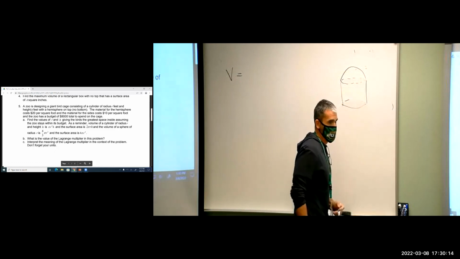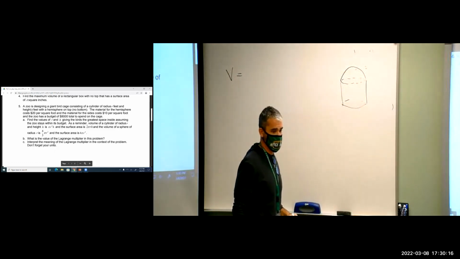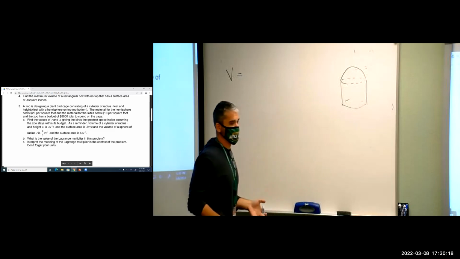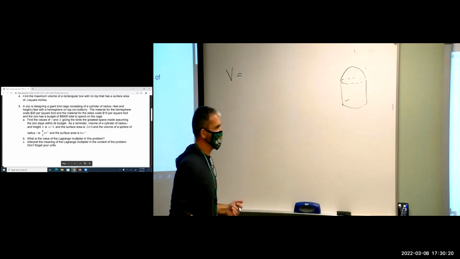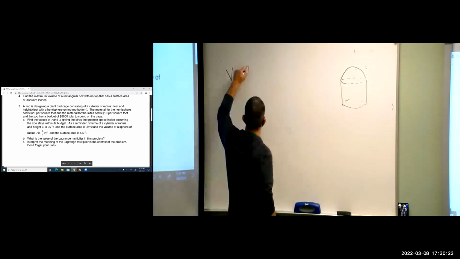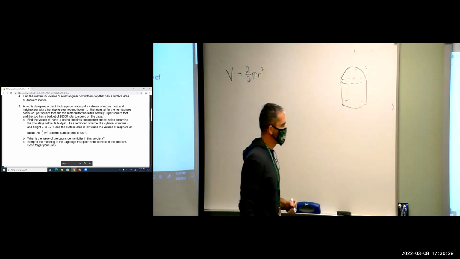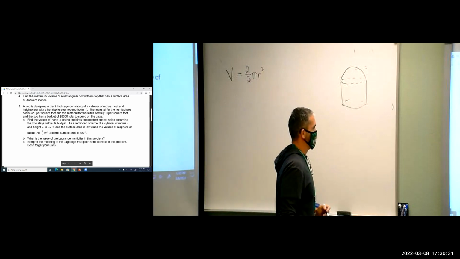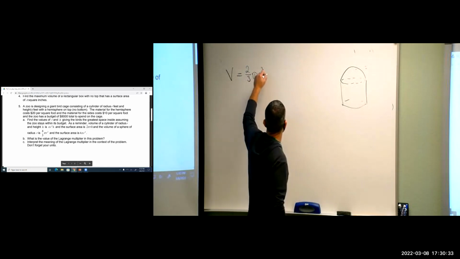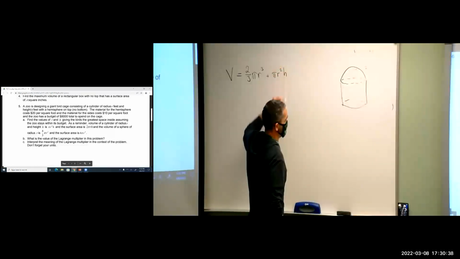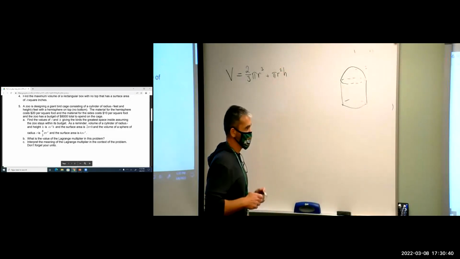So the volume of a sphere is 4/3 pi r cubed, but we're only looking at half of it. So 2/3 pi r cubed will take care of our hemisphere. And then for the cylinder, it's plus pi r squared h. So that'll be the volume.